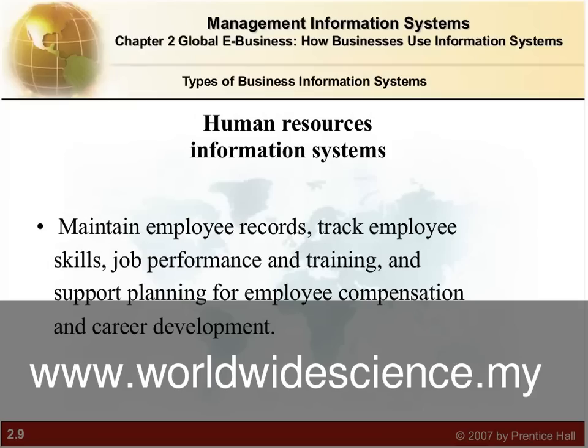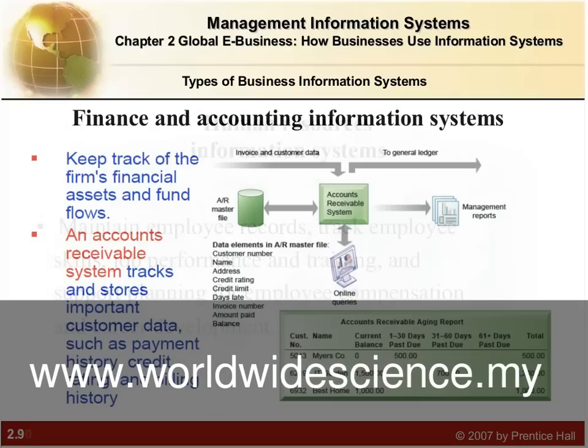The other system is the finance and accounting information system. I'll try to explain this system based on an example, an account receivable system. Finance and accounting information systems keep track of the firm's financial assets and fund flows. So in an account receivable system, first of all, we have invoice and customer data.